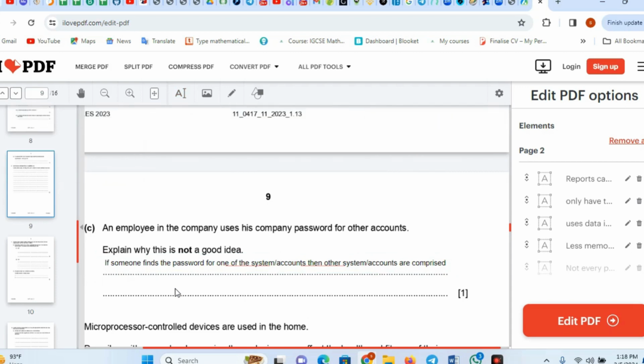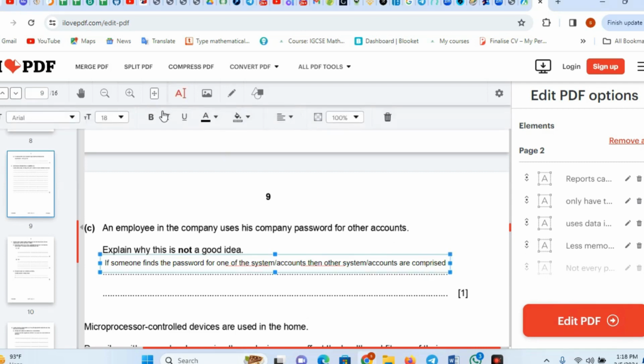Okay, so the second one is what? If someone finds the password for one of the system accounts, then he has gained the company password. So you can put 1 and explain it, and you get the answer. Since the question said you should explain why it is not a good idea, let's just leave it at 1 and we move on.